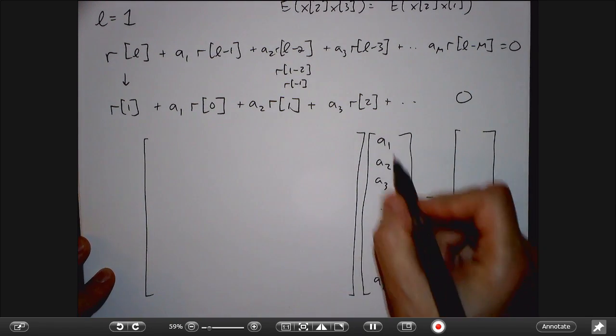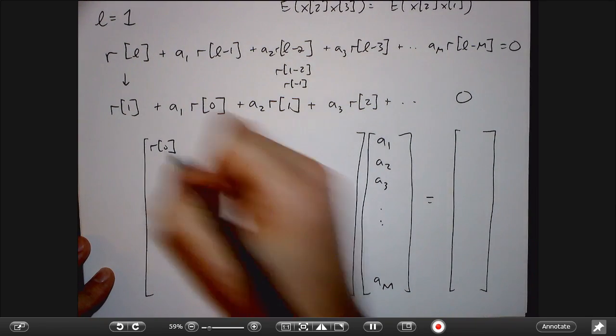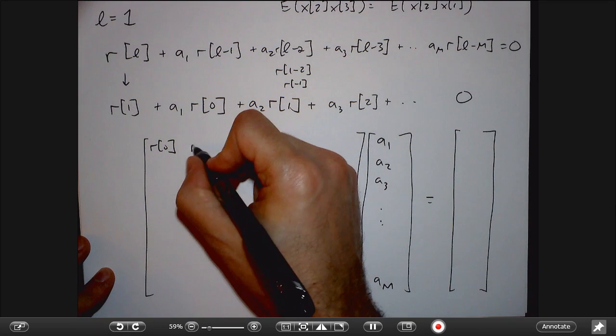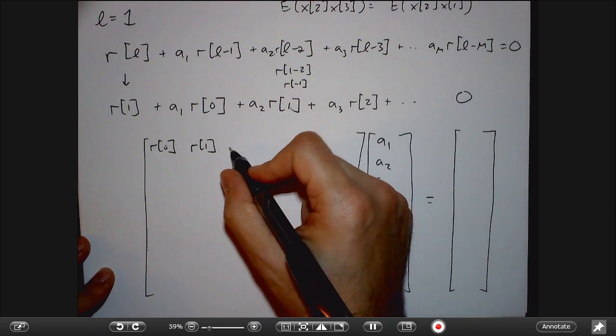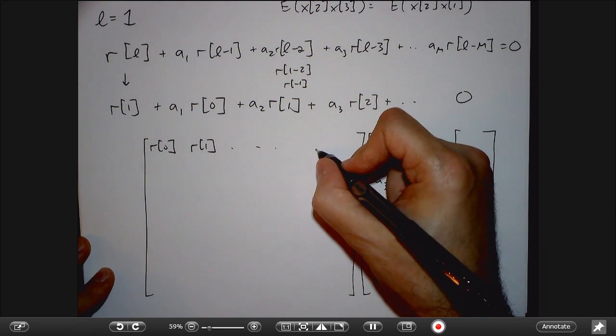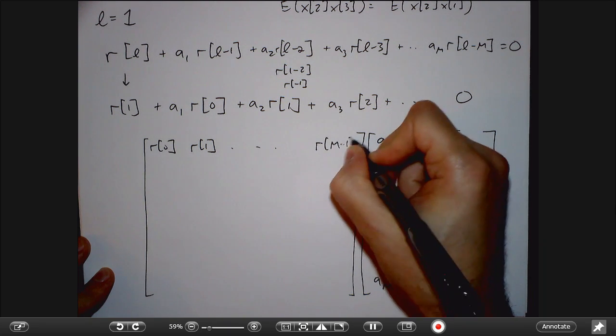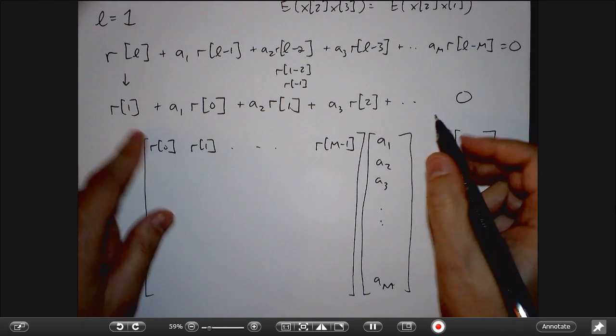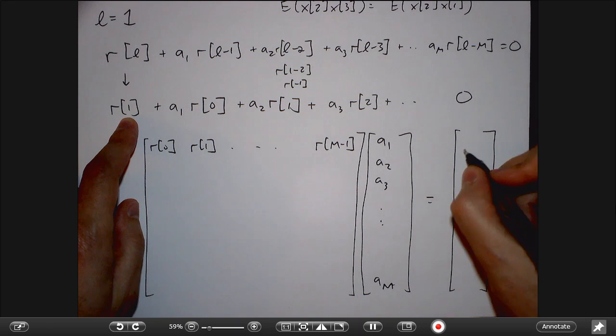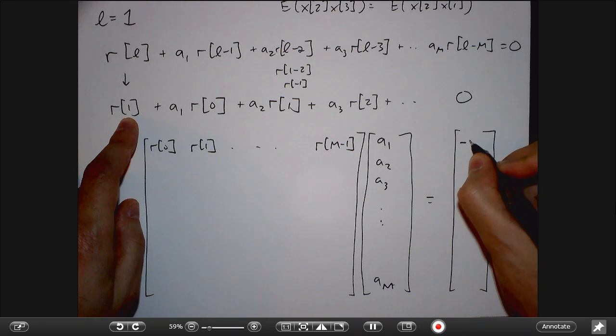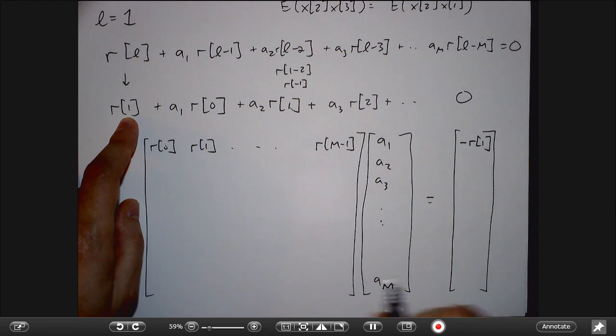Well, I'm going to have R0 times A1, and I'm going to have R1 times A2, dot, dot, dot, all the way out to R of M minus 1 times AM. And then what's that going to equal? It's going to equal the constant term, which is basically negative R1, right, if I were to move that guy over.